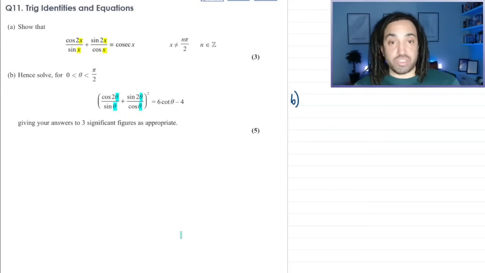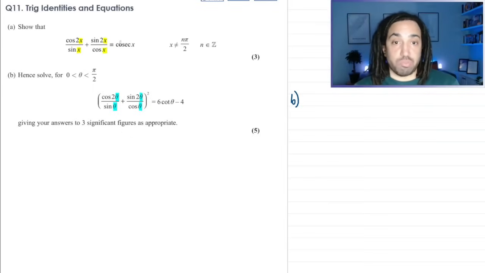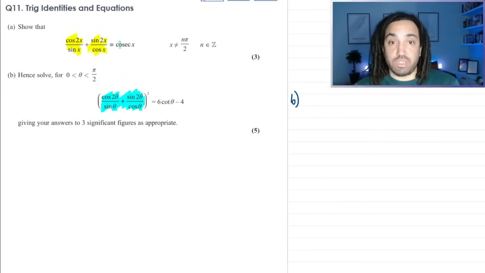Now, is this a direct swap? This is a perfect swap, so we don't need to worry too much. We just literally can swap out this blue bit here, can be swapped out perfectly for cosec x, or cosec theta should I say.